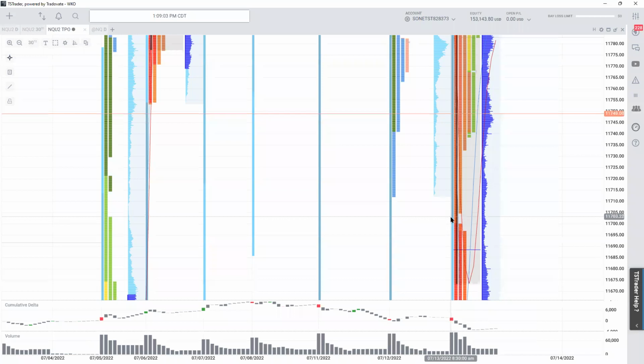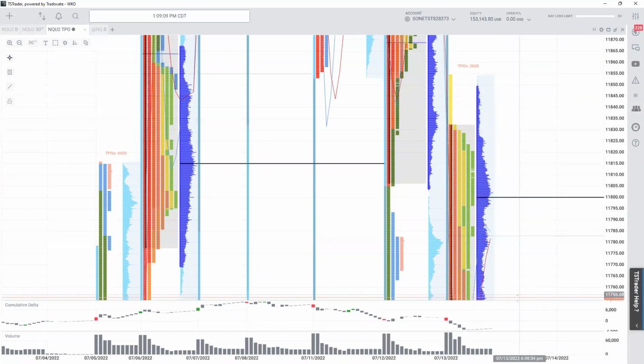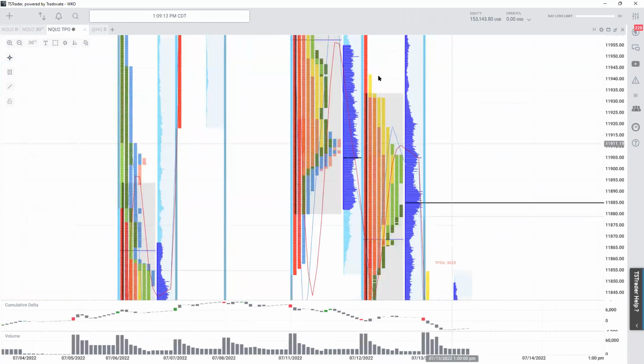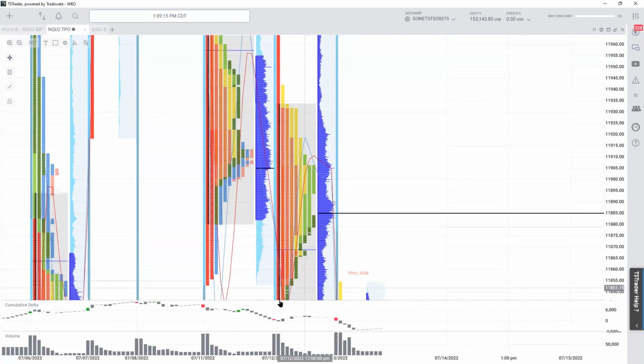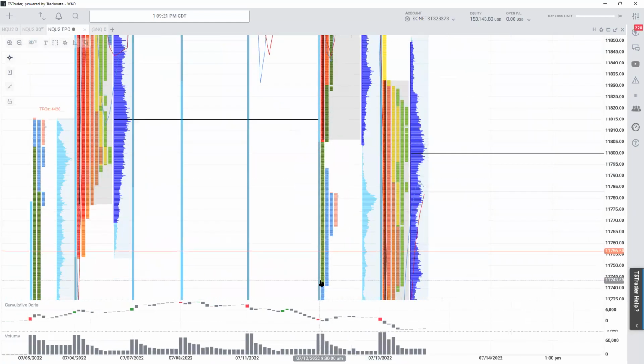These single TPOs would be considered excess, and then we create a balance in another area. This would also be a double distribution trend day because we have an area of time spent here, a move away from that, and a beginning of another area of balance here.